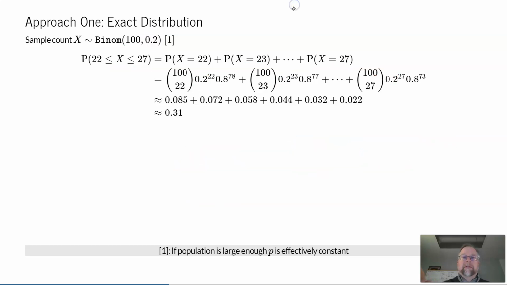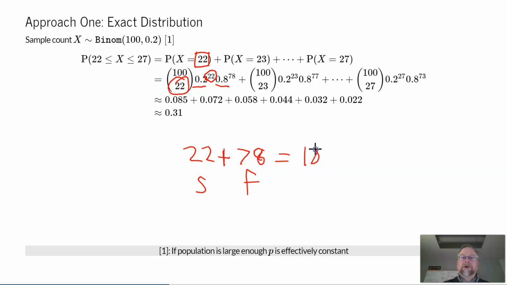So here, k is equal to 22. N choose k, p to the k. The probability of success is 0.2, then the probability of failure is 0.8. If we have 22 successes, then we have 78 failures, because those add up to 100, which is n.